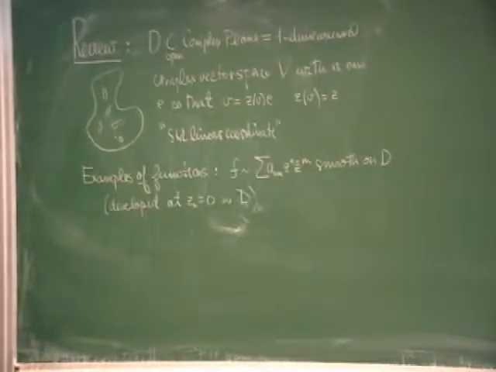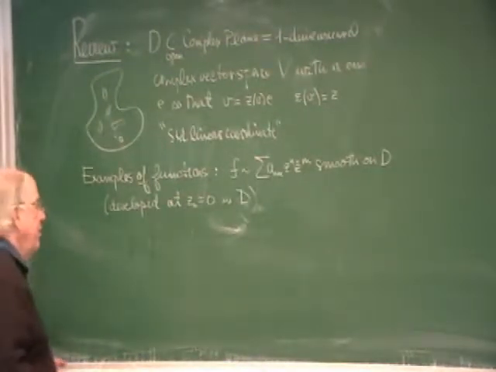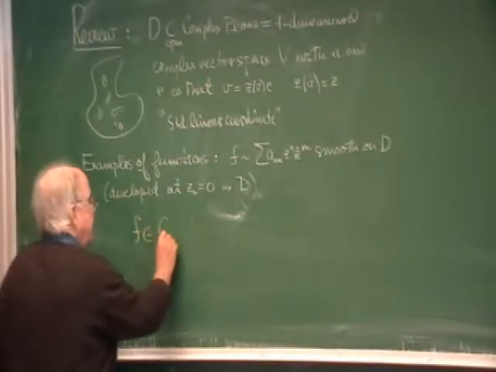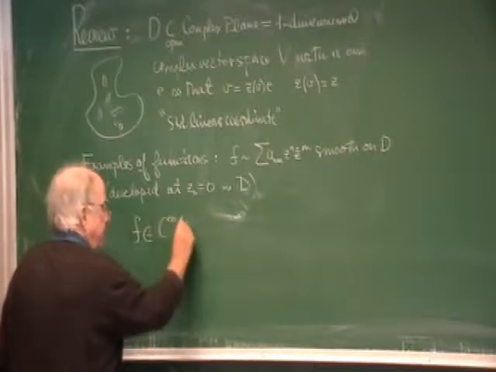So smooth function means infinitely differentiable at every point, and so we write f is C infinity of D.